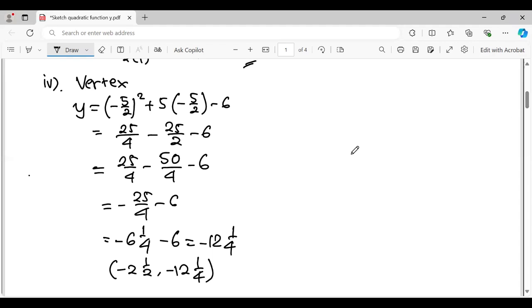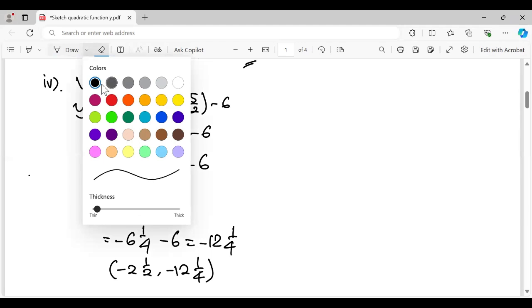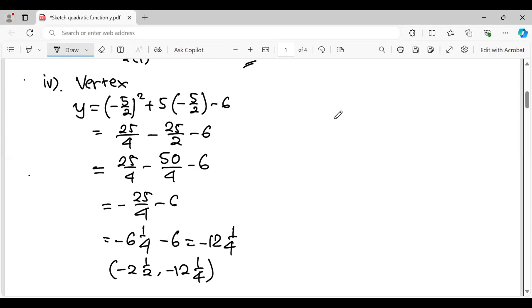Now we're going to sketch. The coordinate points or intercept points on the x-axis are minus 6 and positive 1.